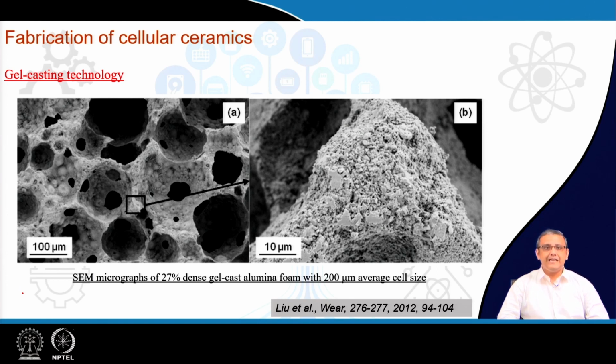That means these gel cast porous ceramics are also very good for filtration applications, where infiltration of the gel cast part is done using some fluid like liquid. A higher magnification photograph of the inset part is shown on the right hand side, and there we can see that because the material was sintered, we obtain a good bonding between the individual particles, and that will impart the gel cast sample with sufficient strength for further handling.